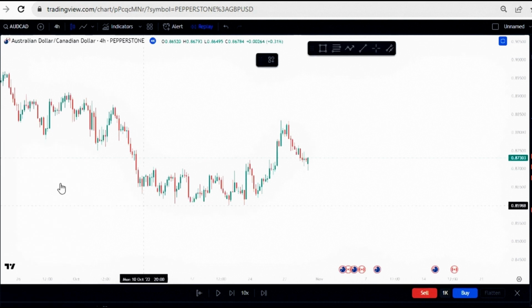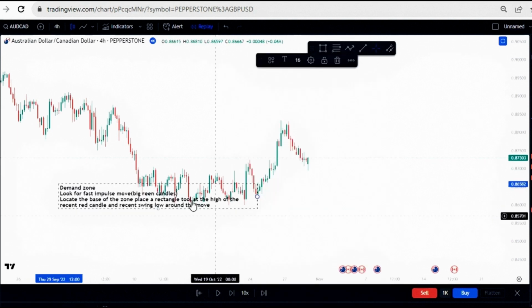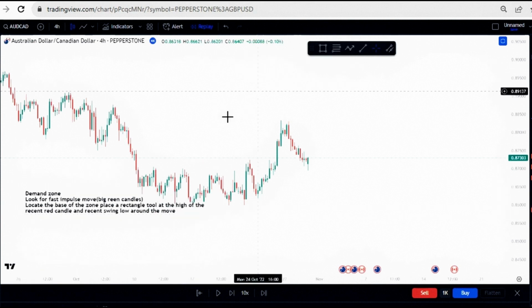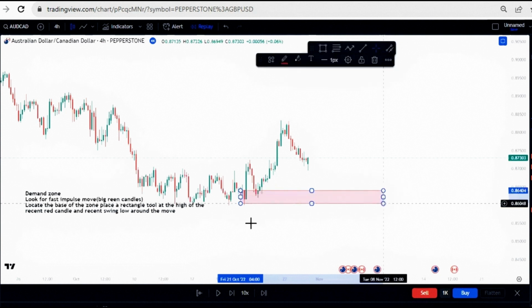So what we do is that we locate the first impulse move, which is big green candles. Locate the base of the zone. That is where you press a rectangle tool at the high of these red candles here and the recent swing low.